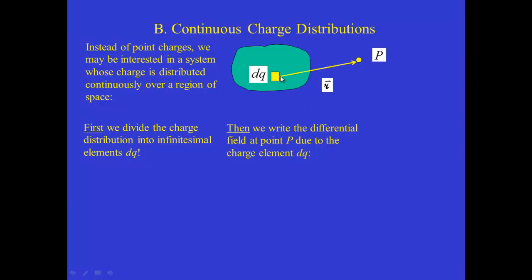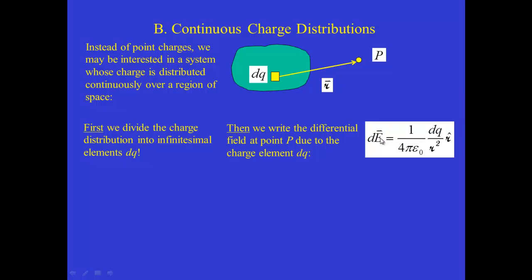To do that, we'll need to introduce this script r vector, and then we'll simply write down from Coulomb's law the definition for the electric field given by a tiny element of charge dq.